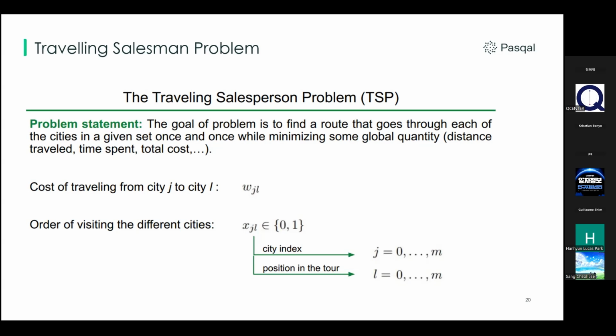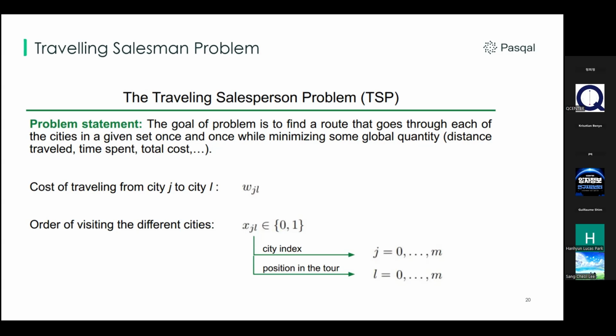So it is inherently a minimization problem that involves weights, that involves the cost of travel, and that involves indicators that designate which city we are visiting at what point.